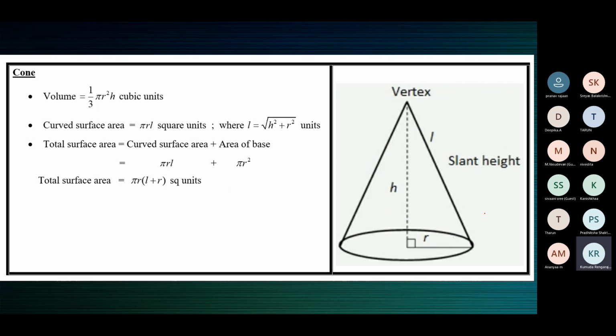Now for the third time, fill the cone completely with water and pour it into the cylinder. You will see that the cylinder is completely filled with water. There is no more space to pour water into the cylinder. This explains that the volume of the cylinder is 3 times the volume of the cone, both being of the same radius and height.